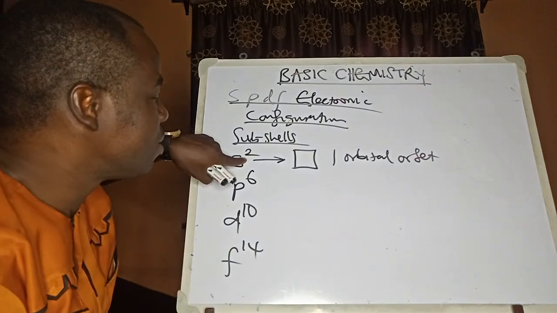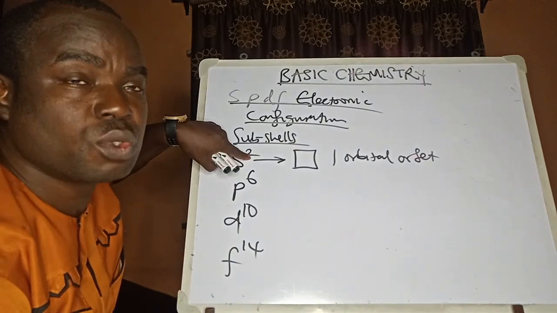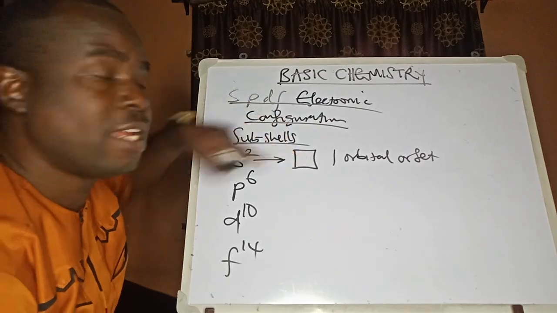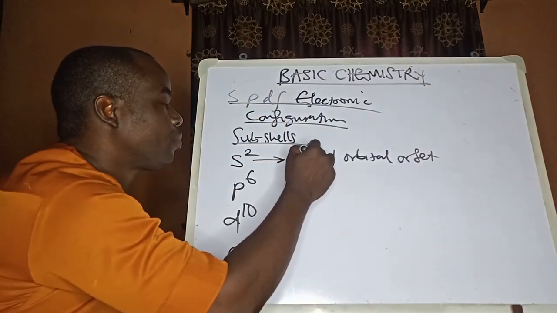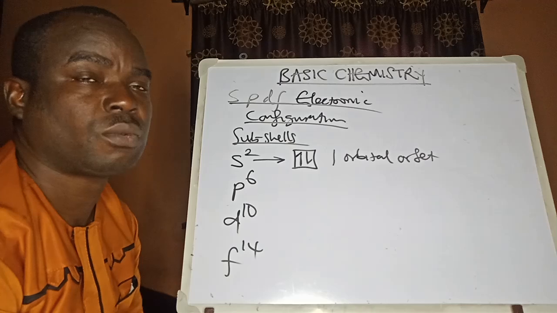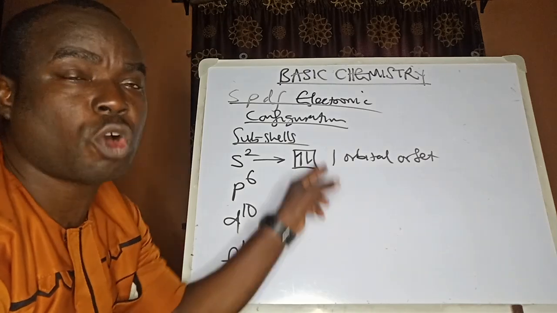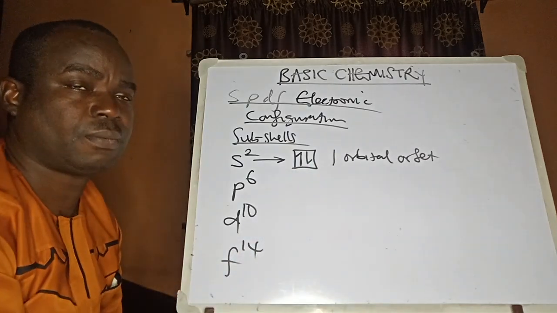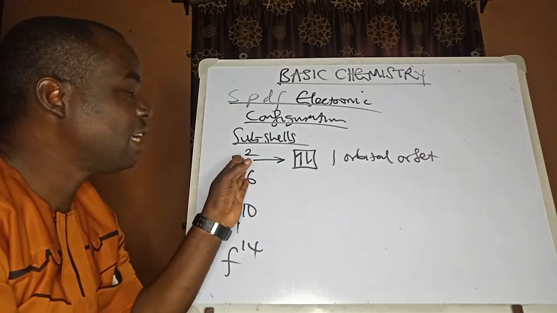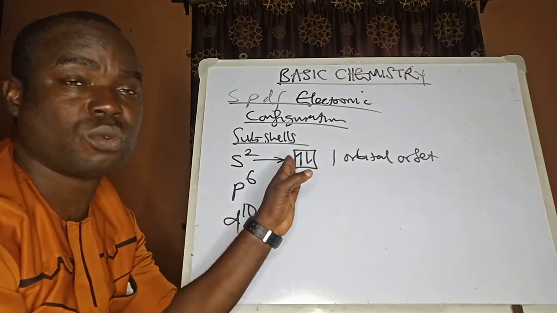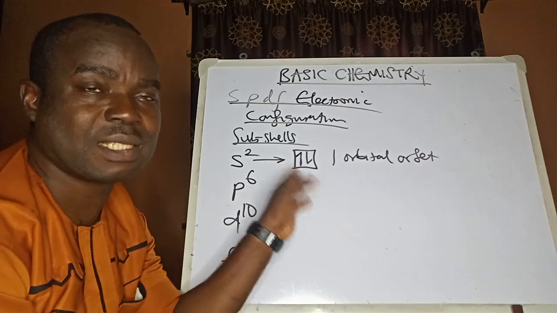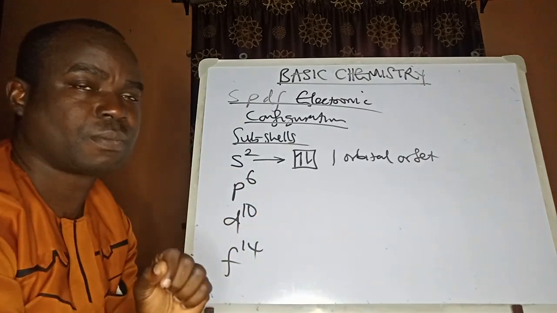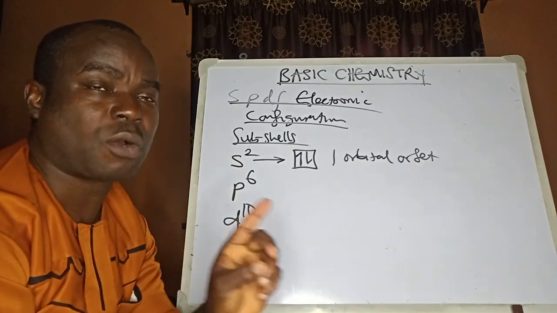If you want to distribute this, since this one has 2 electrons, you put the 2 electrons inside here, 1 up and 1 down. So the arrows pointing up and down are electrons. So every S block, S subshell, has 1 orbital or 1 set which contains 2 electrons. Every set or orbital contains 2 electrons.